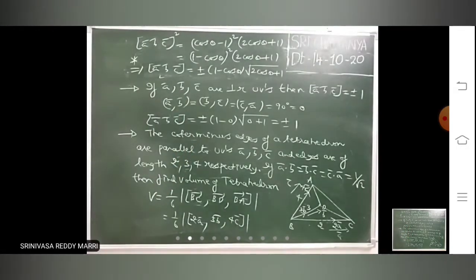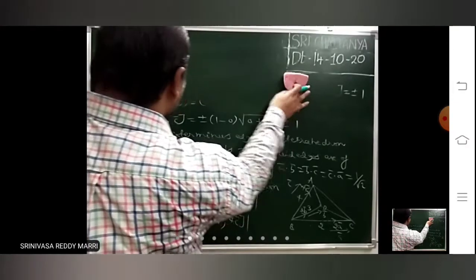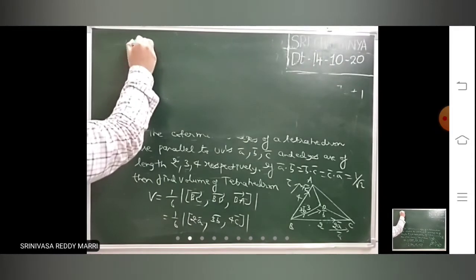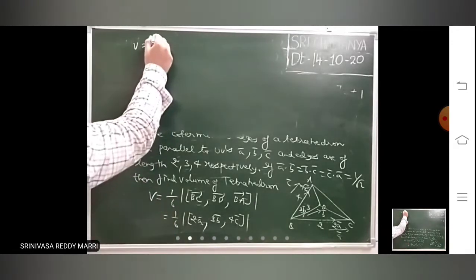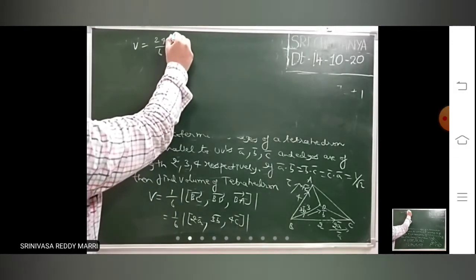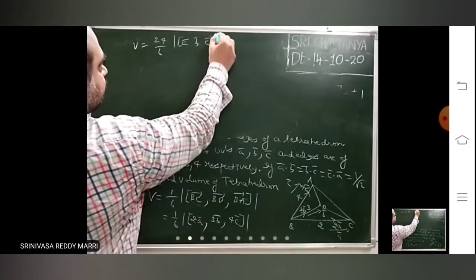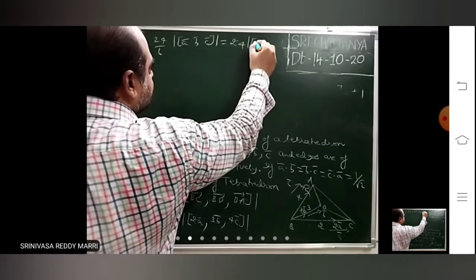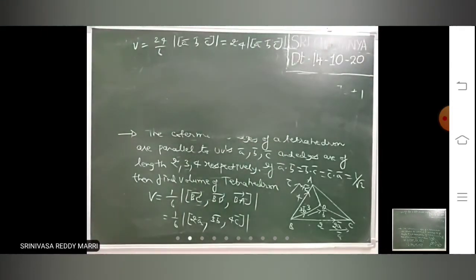Now if scalars are there, you can write the scalars outside. That means 2 into 3 into 4, 24, divided by 6 into modulus box of A bar, B bar, C bar. So for calculating volume you need box of A, B, C.